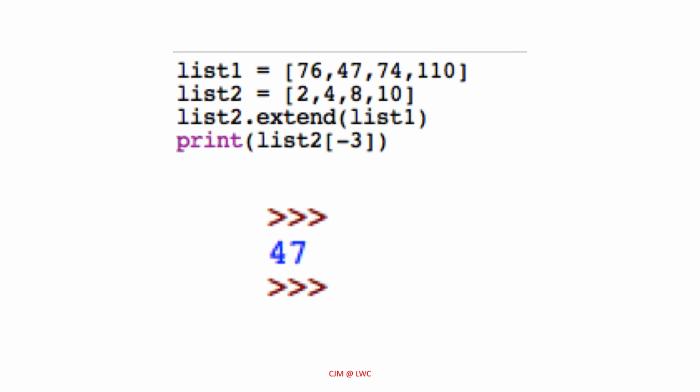Well, list 2, this second list here, is going to have list 1 added to it. So list 1 is on the end of list 2, and then it says print list 2 minus 3. So we go back 3 from the end of now list 2, which has list 1 on the end. So 1 is 110, 2 is 74, and 3 is 47.